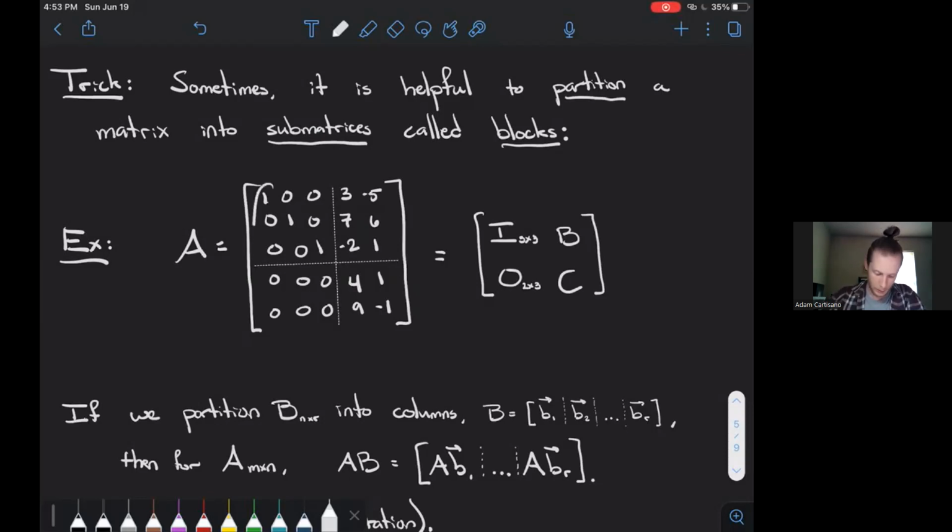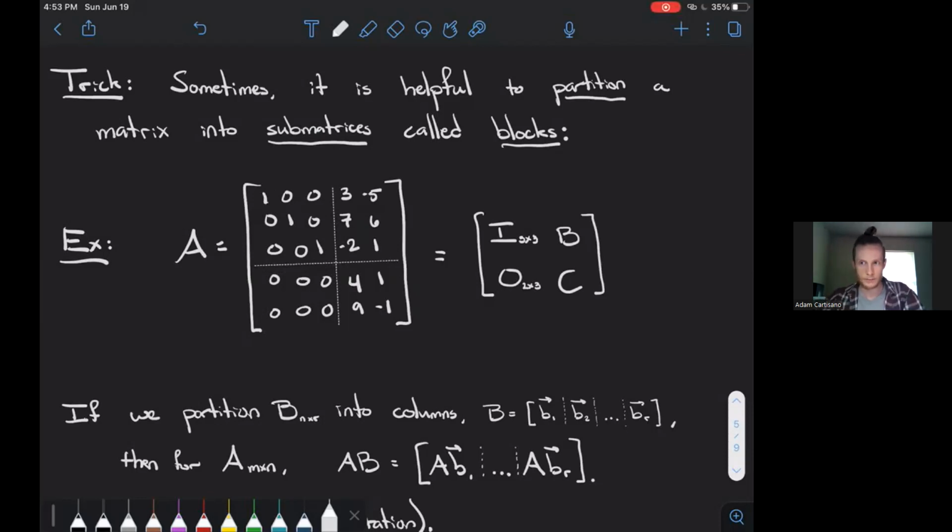So if you look in the top corner here, this block is the 3 by 3 identity matrix. This block is the 2 by 3 zero matrix. And then these other 2 blocks are just 2 other random matrices. One is 3 by 2, the other one is 2 by 2. So we just call them B and C. So we can decompose A into a block matrix this way.